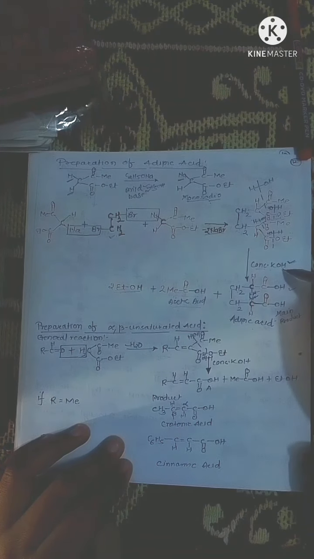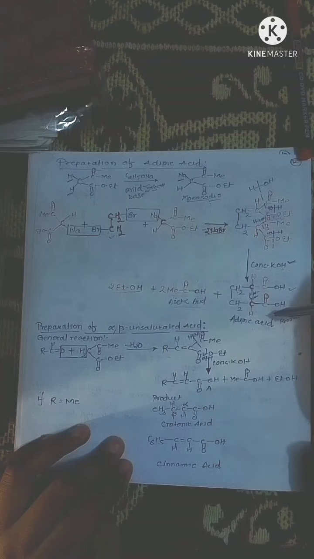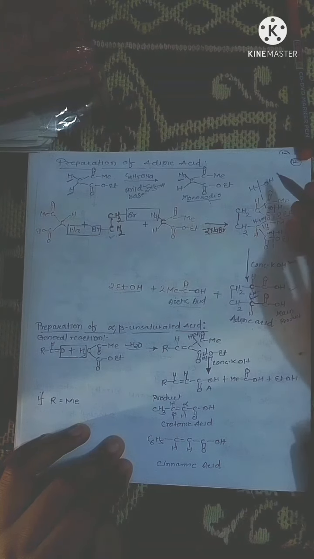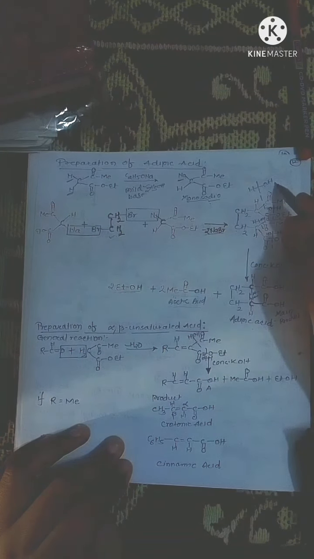When we add concentrated KOH, we take the help of 4 water molecules to write adipic acid. So break down one of the water molecules as HOH and draw this line and break this bond which is present between this carbon and this carbonyl group.